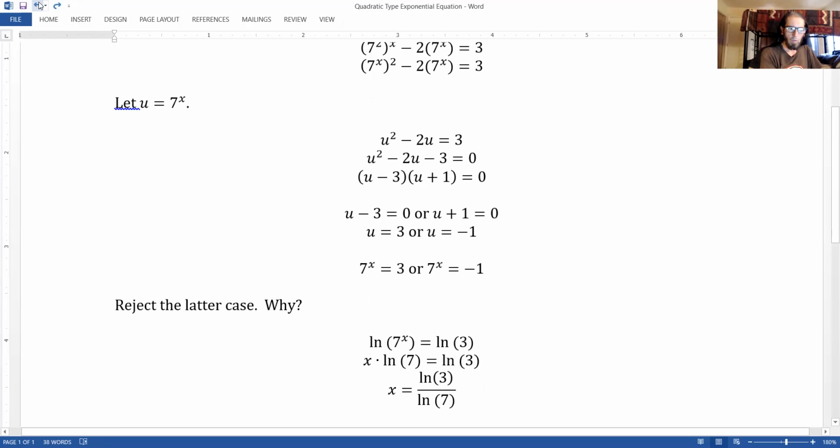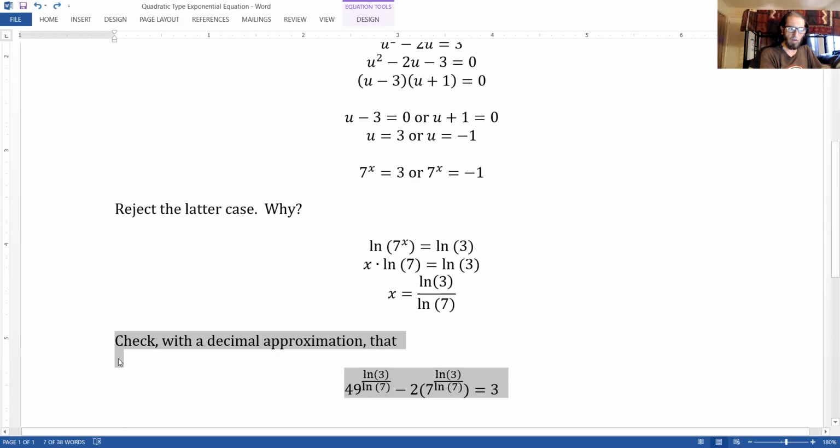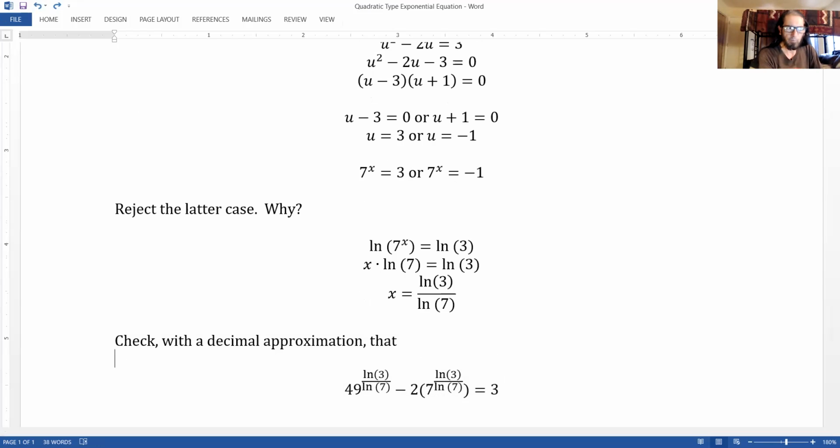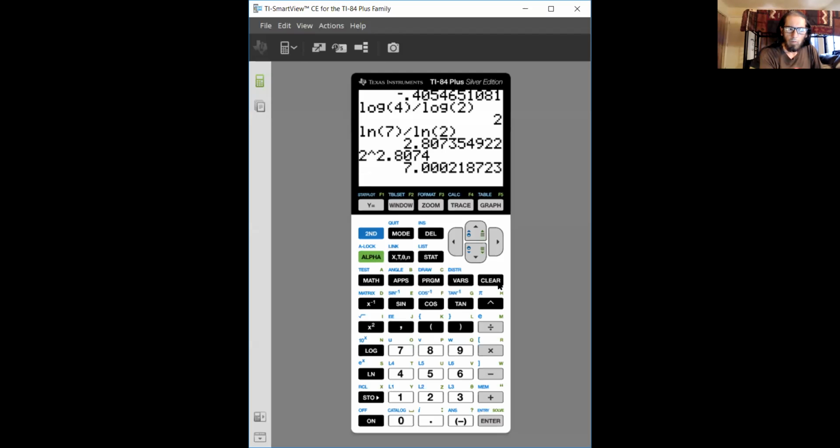So I'm going to get a decimal approximation for that and check it in the original equation. 49 to the x minus 2 times 7 to the x should equal 3. So natural log of 3 over natural log of 7.